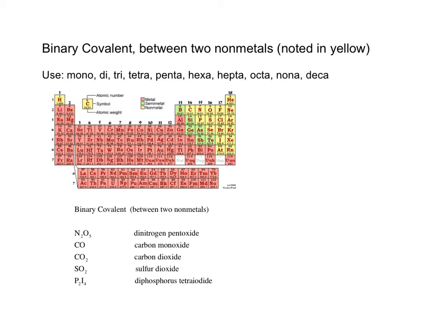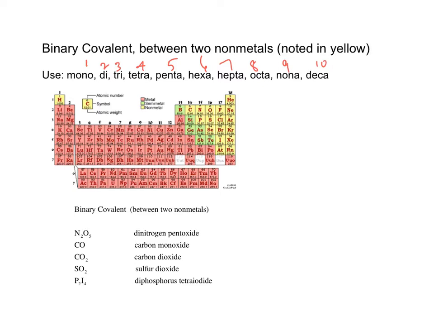The naming is different. For the number of each of the atoms, each of the elements, you're going to use the notation here. Mono means 1, di is 2, tri is 3, tetra is 4, penta 5, hexa 6, hepta 7, octa is 8, nona, and deca. We won't bother going higher than deca.